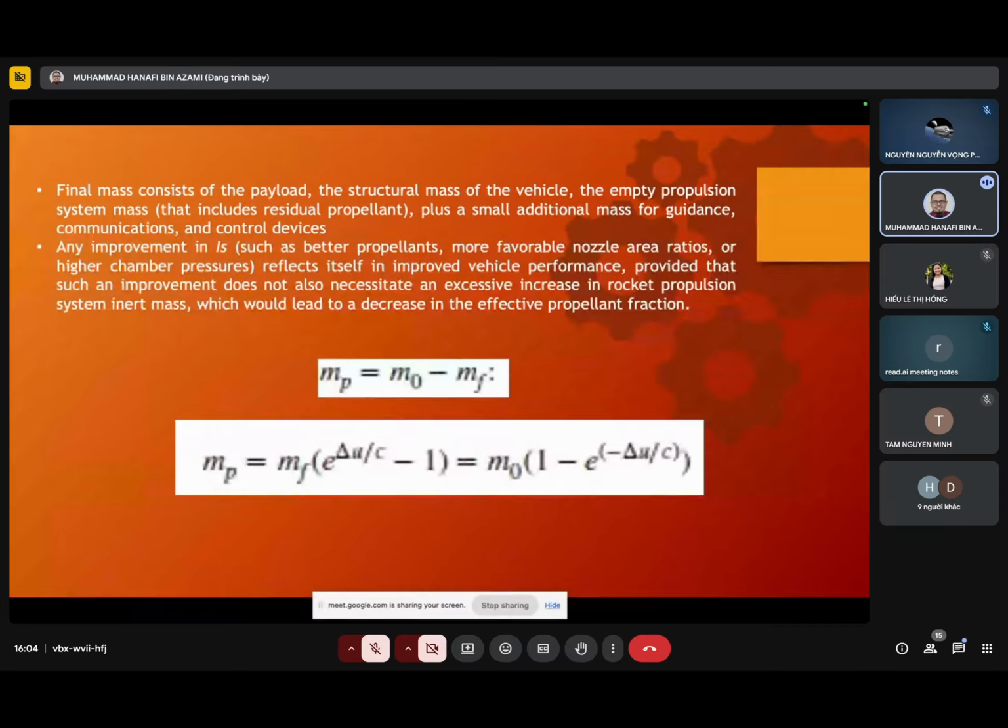So MP is equal to MF in bracket, exponent delta U over C. When you want to calculate this, make sure you calculate delta U over C first, then take the exponential, subtract 1, and then multiply by MF. Or it is M0, which is the initial mass, in bracket 1 minus e to the power of negative delta U over C. It's still an exponential function.